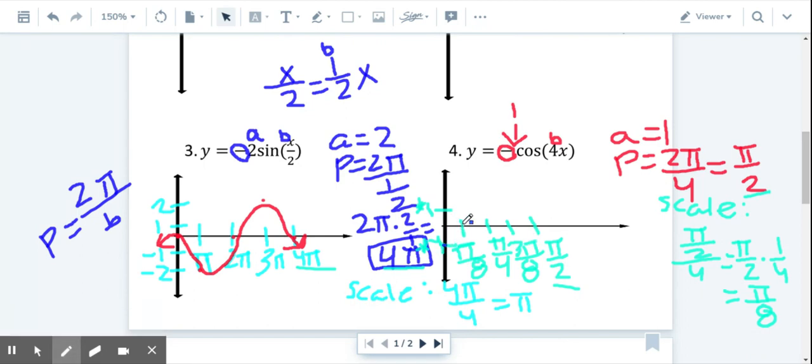So on the x-axis, we start at the minimum, x-intercept, maximum, x-intercept, back to minimum. And we connect the dots. And if you compare it to your examples from the top here, you'll see that the curves are reversed. And that's what happens when you have a negative a value.